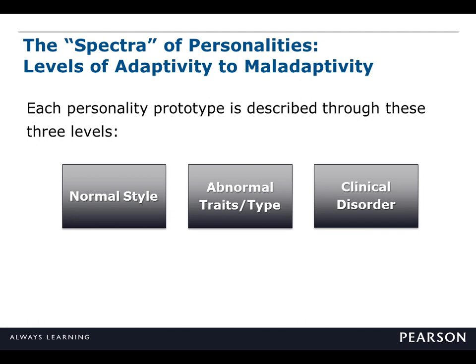We have a level of abnormal traits or type, which is really where we would find the widest swath of individuals, not only who are presenting for clinical services, but I think a large part of the general population as well, where it's fairly well defined what sort of person they are, but we're not putting a diagnosis on that. We're not doing that in a way that suggests pathology outright.